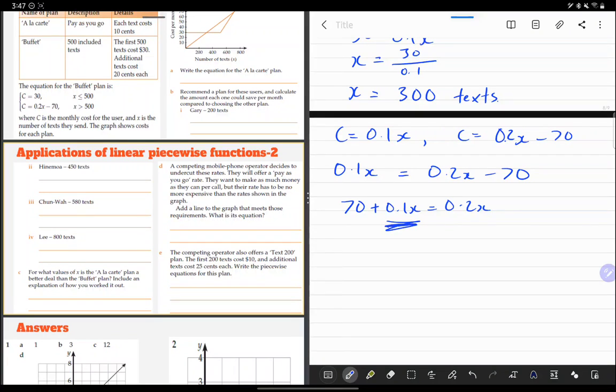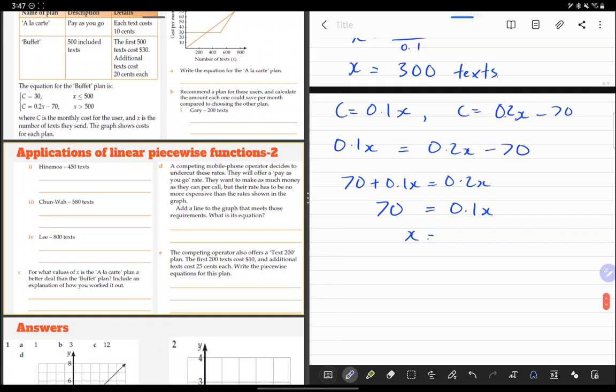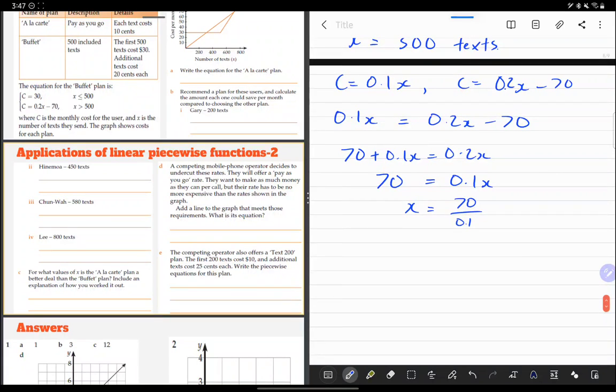I'm going to minus 0.1x from both sides. So that's 70 equals 0.1x, right? If it's 0.2x minus 0.1x, I get 0.1x. So x is 70 over, I want to divide by 0.1, which is 700 texts.